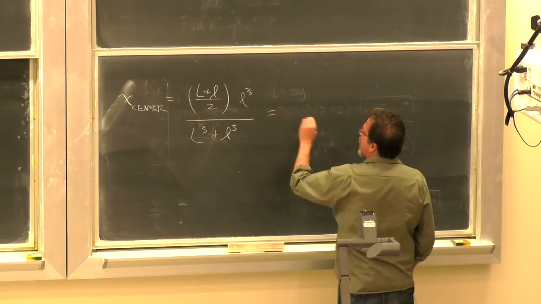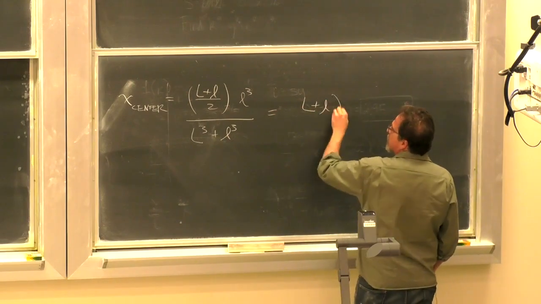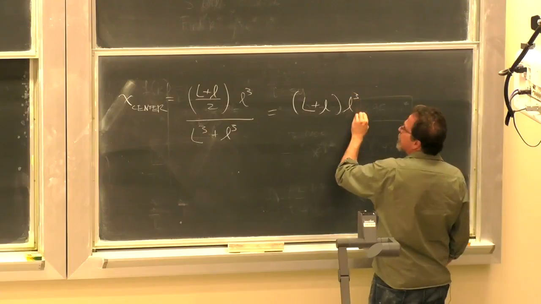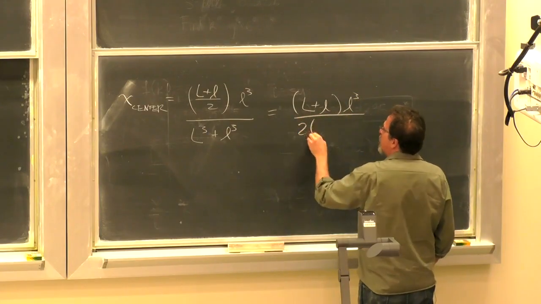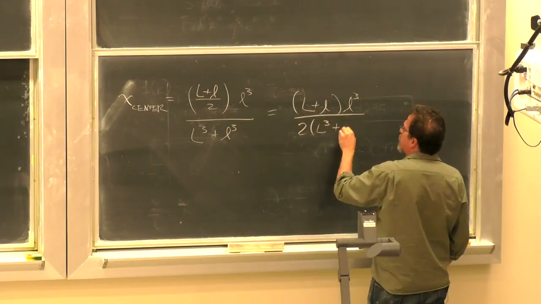And if I can just write this out, this is going to be capital L plus little l times little l cubed, divided by 2 times capital L cubed plus little l cubed.